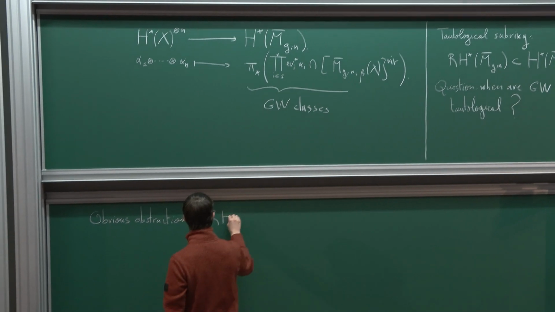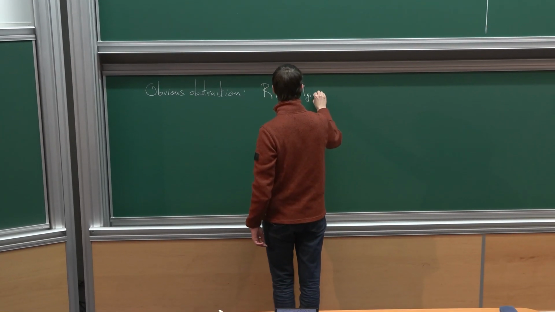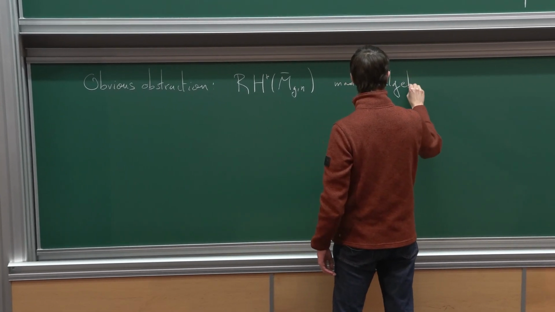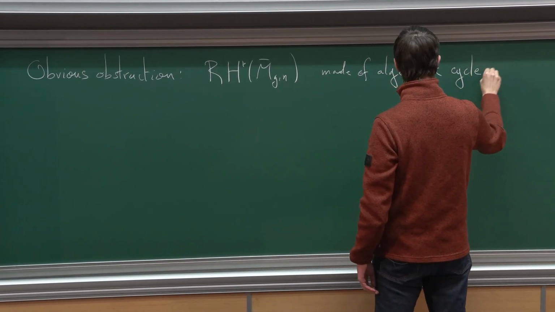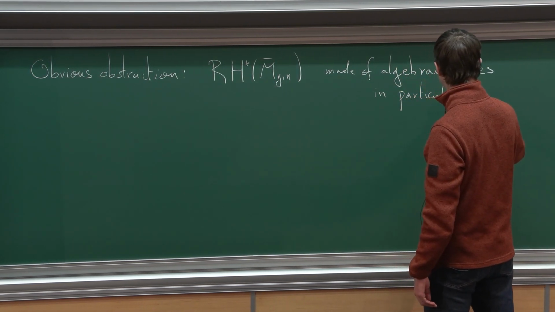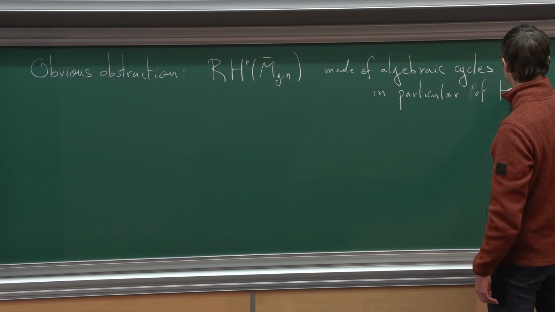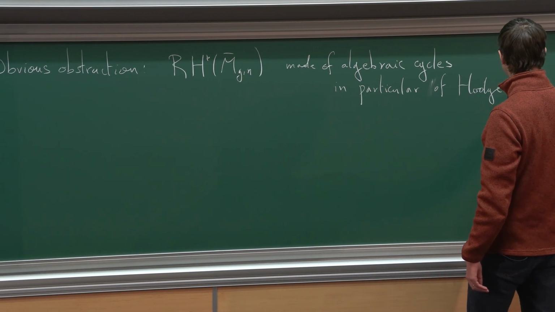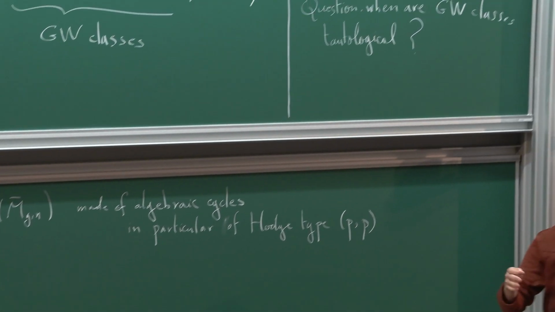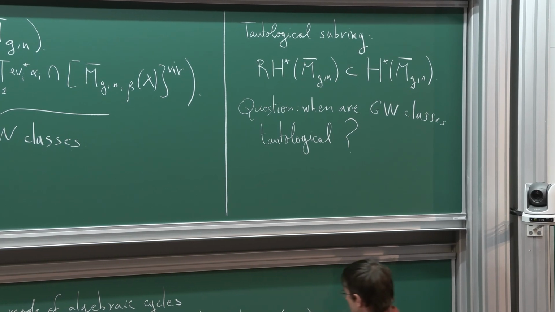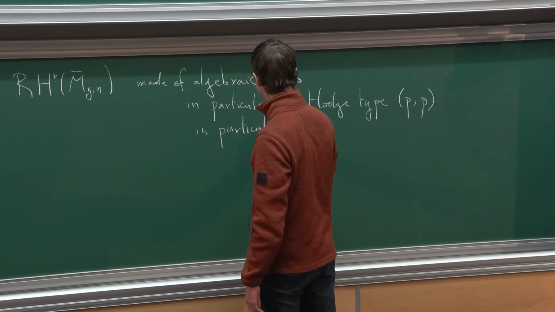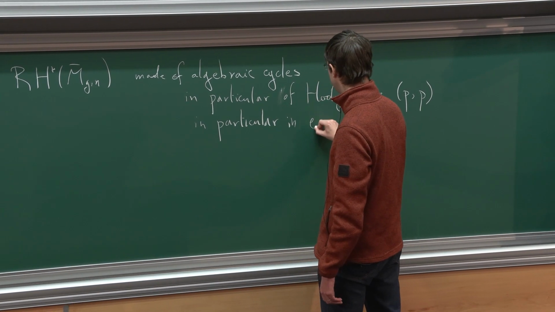So in particular, they are of Hodge type (p,p); in the Hodge decomposition of this cohomology group, in the H^{p,q} decomposition, all the elements here live in the middle part (p,p), and so even more specially in even degree.